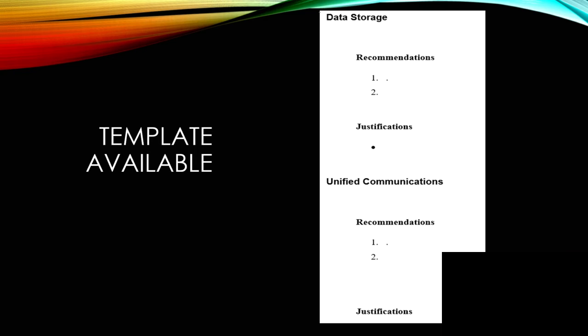I have a little space there. That's where you're going to put your summary. And then you're going to have a subheading for recommendations. You must have 2 recommendations. And then under that, you will have your justifications and you will justify those recommendations. Then you'll move on down to the next target area and you'll follow that same format. So that's kind of how the template looks.